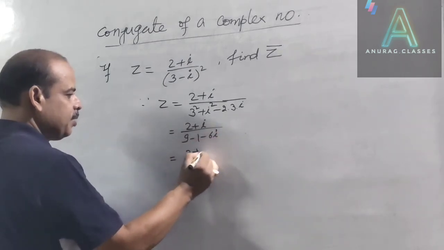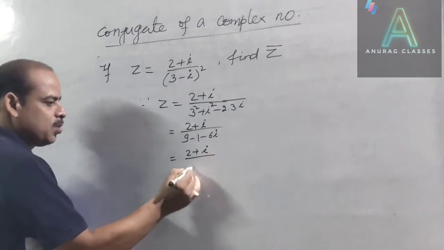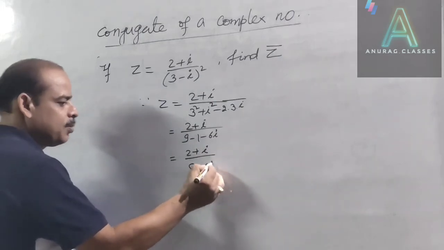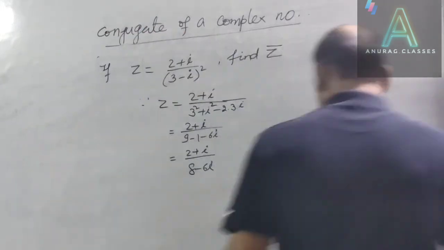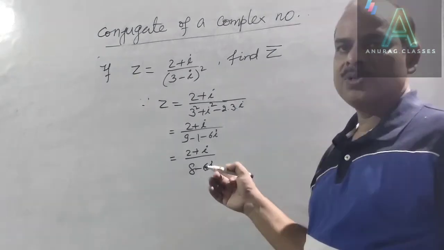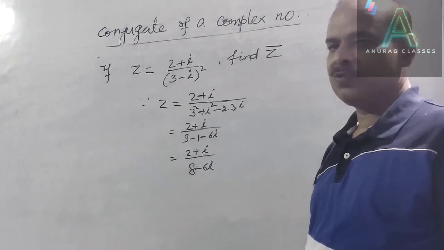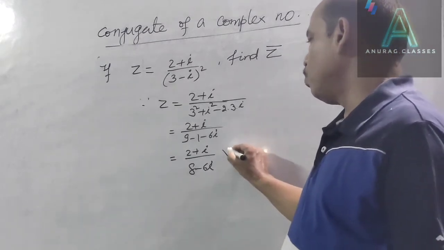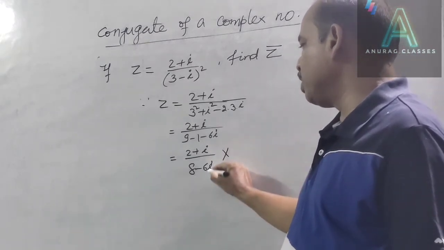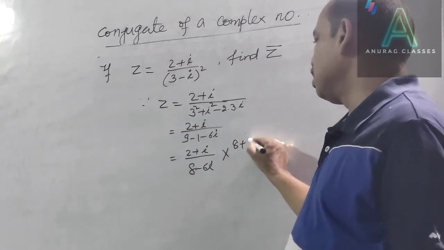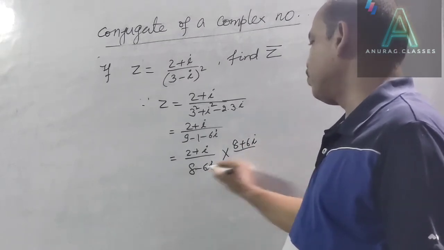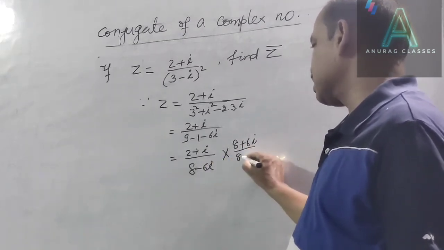In the next step it is 2 plus iota, 9 minus 1 is 8 minus 6 iota. So in previous video you must have learned how to divide these two complex numbers. For division, we have to multiply the numerator and denominator both by the conjugate of denominator, that is 8 plus 6 iota.